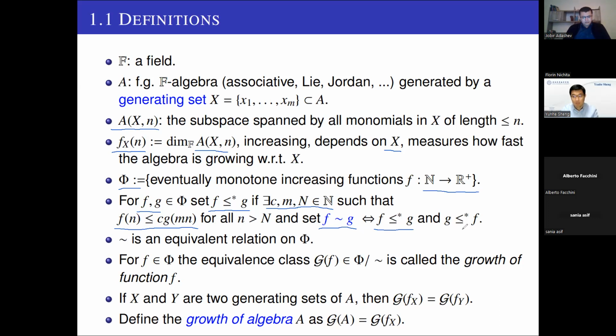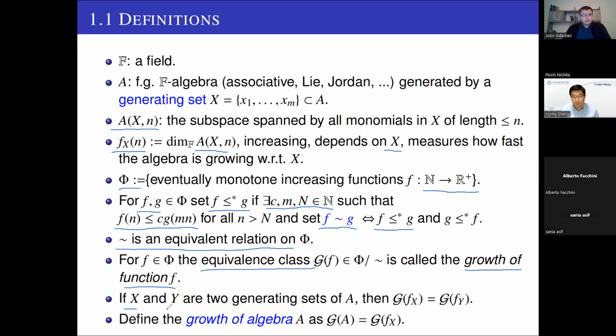It's not difficult to check that this relation is an equivalence relation on the set Φ. So right now we can talk about the equivalence class. For any function f in Φ, this equivalence class is called the growth of the function f. Now return to the algebra.